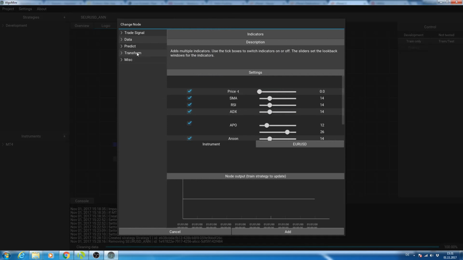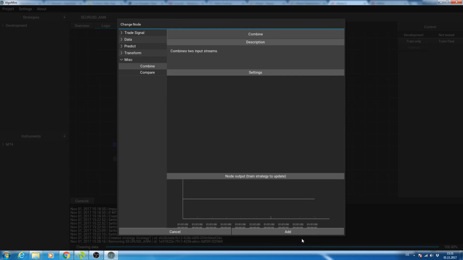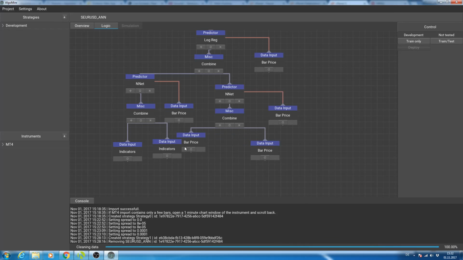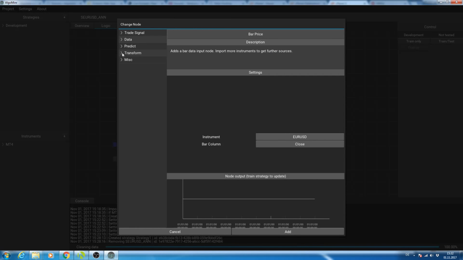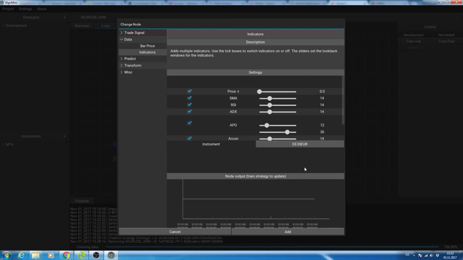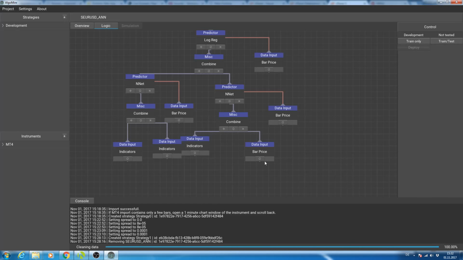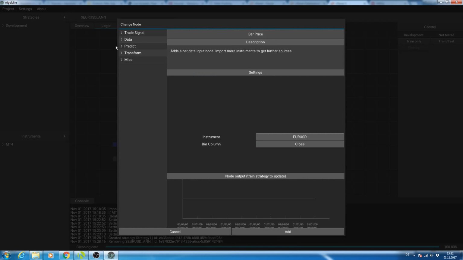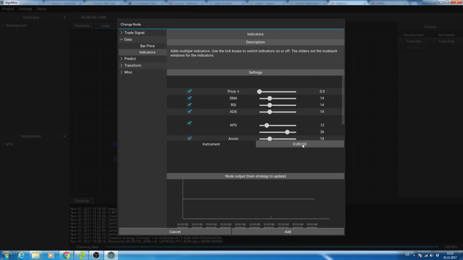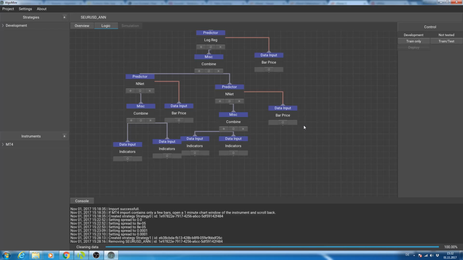So indicators, combine. All right. So now I have this combine node set up, and I will give it again the same indicators as for this neural network, which are going to be the indicators for the German top 30 as well as the indicators for the US top 30 stocks.